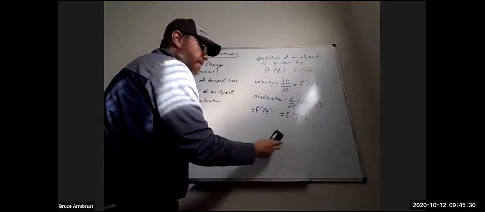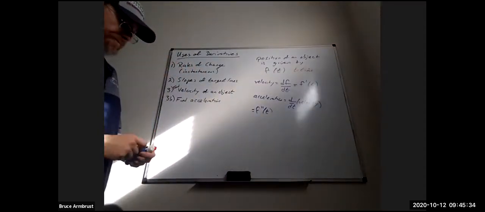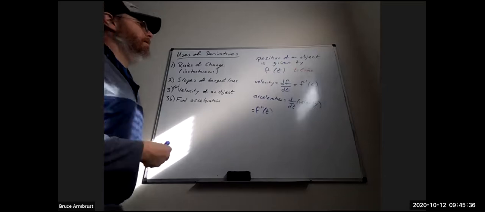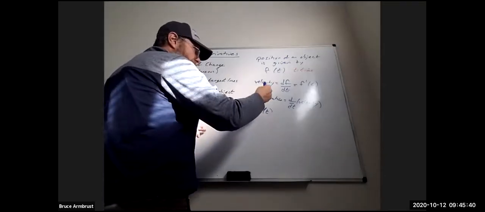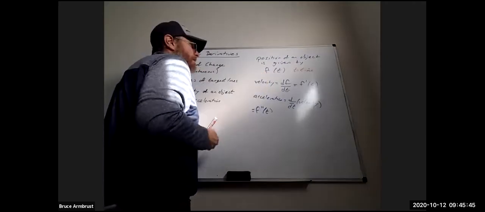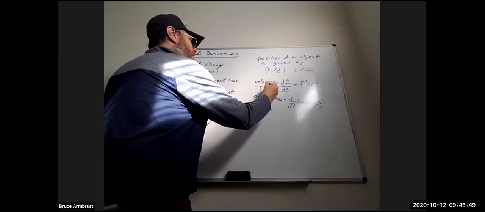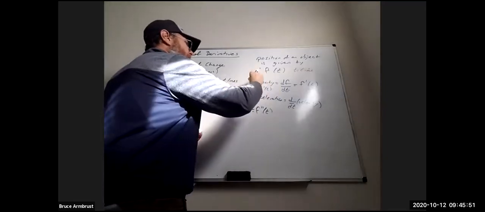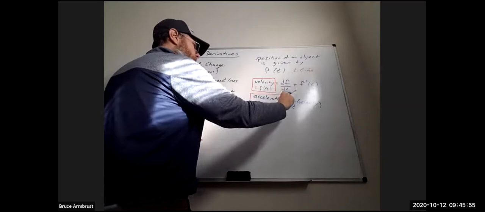I think I can avoid the glare a little bit better if I'm over here. All right, so check it out. You start with a position f, you differentiate it once, you get velocity. So velocity is f prime. If you take the second derivative, you get acceleration.